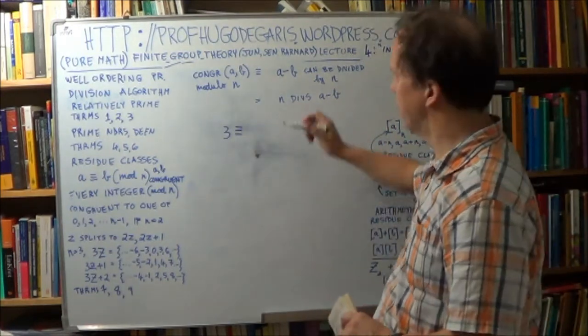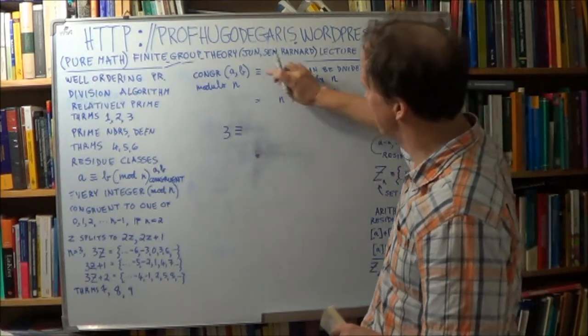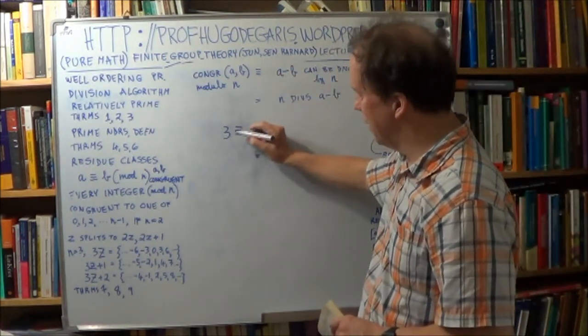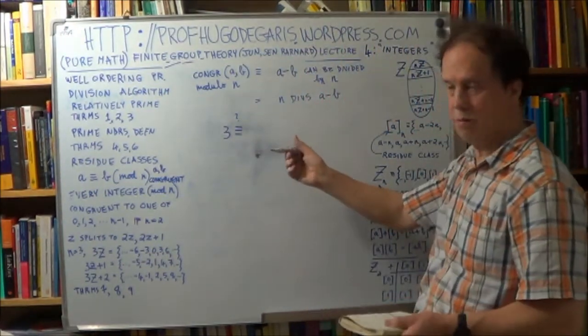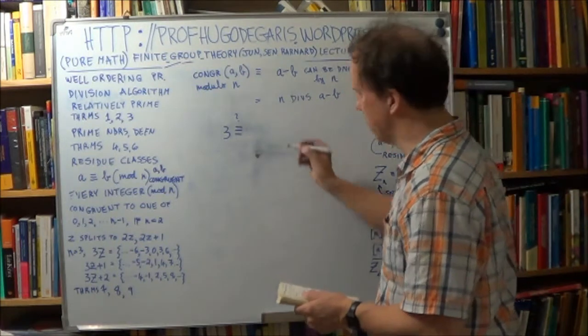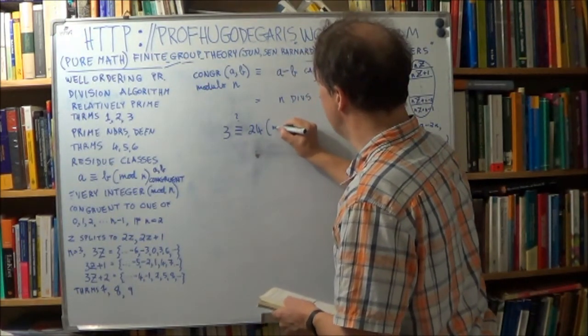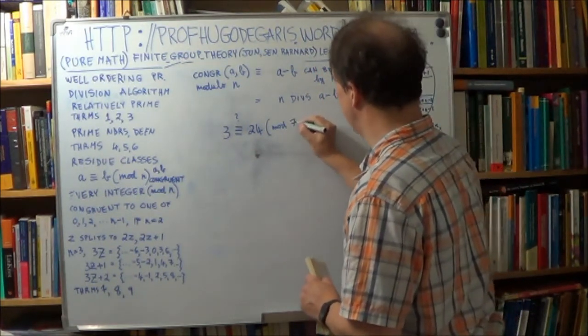So don't be confused, right? There are 2 uses here. So this here means by definition, and this one here means that this number, so I'll put a question mark here, and this is the exercise at the moment. So is 3 congruent to 24 modulo, so we'll just shorten that to mod 7.